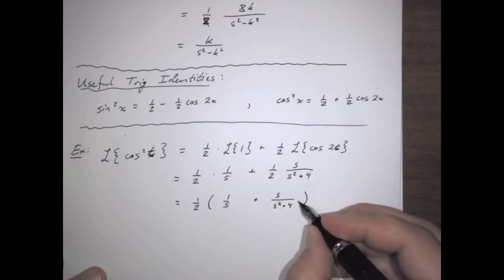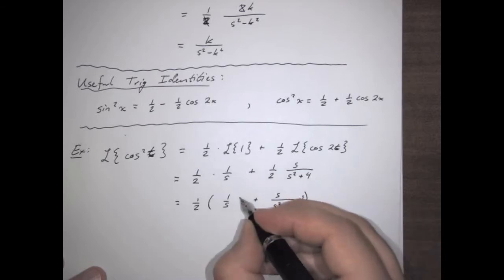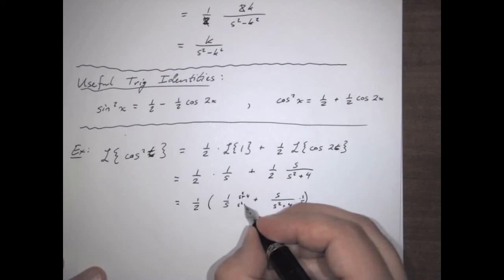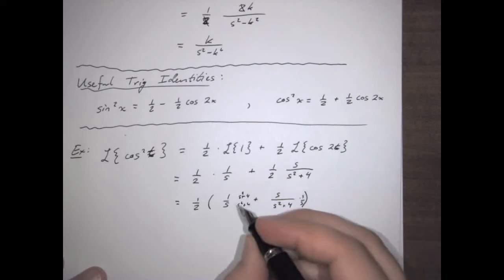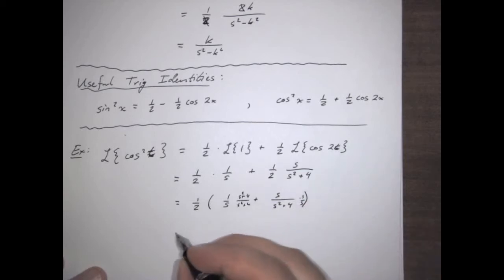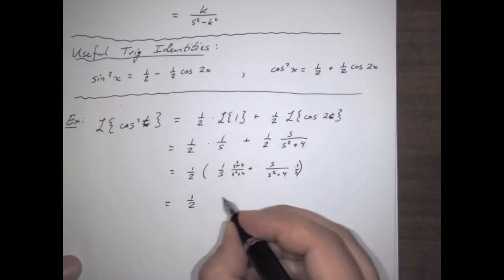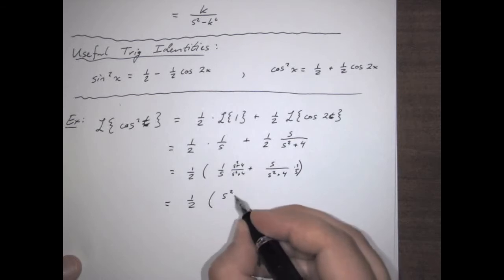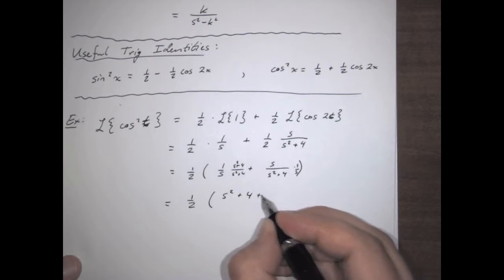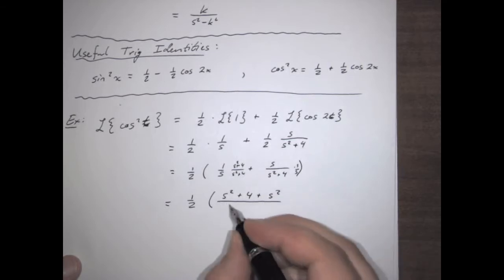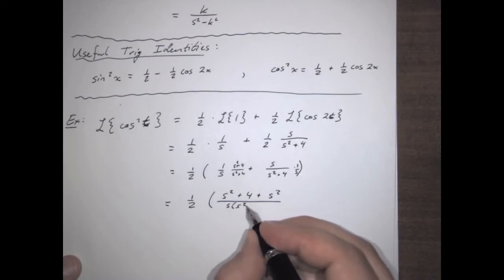So if I want to get a common denominator here, I need to multiply the top and bottom of this each by s, and I need to multiply the top and bottom of this each by s squared plus 4. So then that's going to give us 1/2, and on the top we're going to have s squared plus 4 plus s squared. On the bottom, we're going to have just s times s squared plus 4.